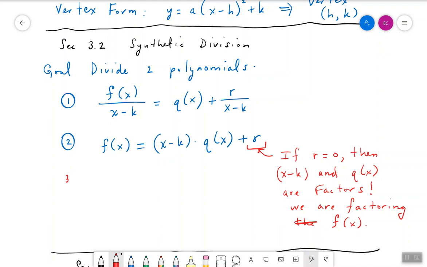So the third way to think about synthetic division was to find f of k, and we know that f of k is just the remainder from the synthetic division. And then finally we asked, is k a zero of f of x?